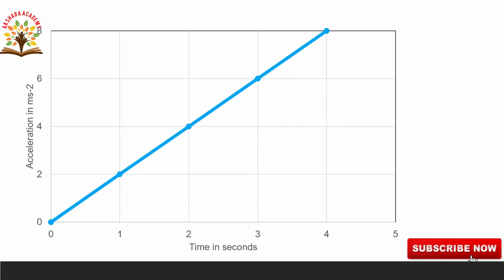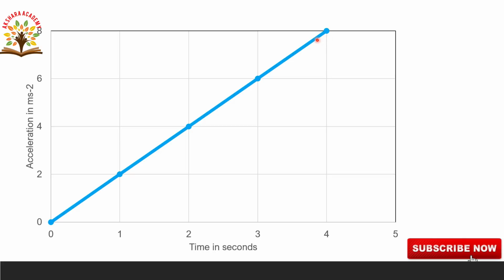Let us go to case 3. This graph represents an acceleration time graph. It is moving away from the time axis. Here we are taking time on the x-axis and acceleration on the y-axis. For 0 seconds, acceleration is 0, for time t equal to 1 second, a is equal to 2, for 2 seconds a is equal to 4, for 3 seconds a is equal to 6, and for 4 seconds a is equal to 8.